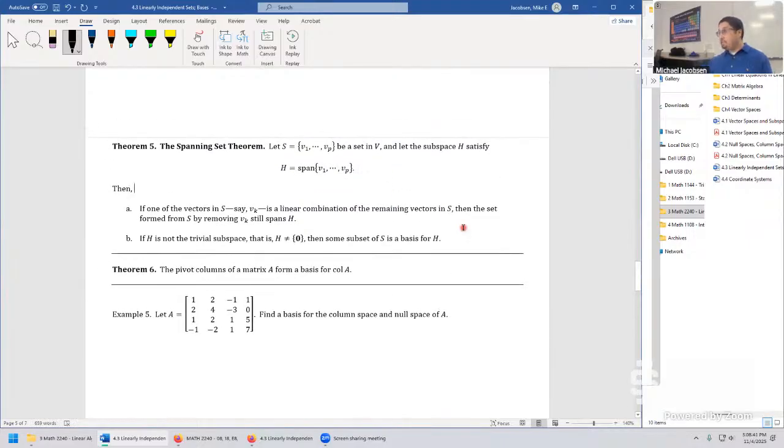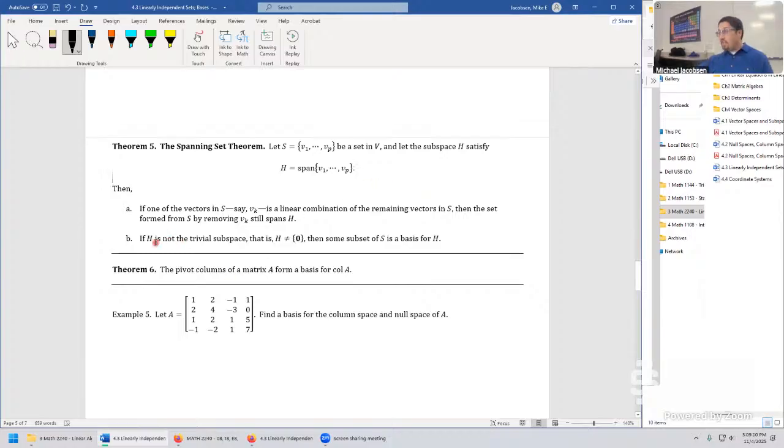But what the spanning set theorem tells us, if one of the vectors in S, say vk, is a linear combination of the remaining vectors in S, you can essentially delete that vector, and the set H is still spanned in the same way by removing that linear dependence. The set formed from S, by removing the offending vector vk, is still a spanning set. So that's a pretty powerful statement itself.